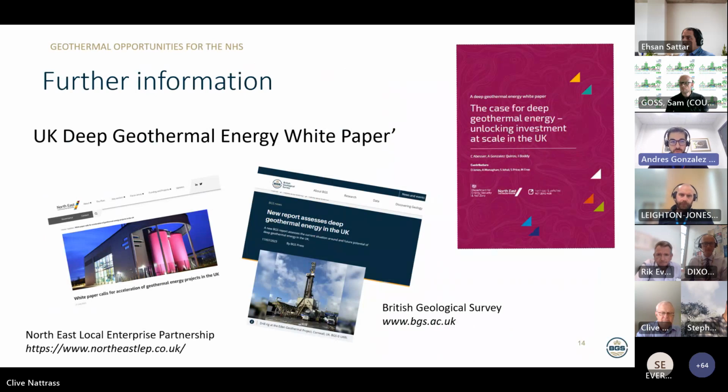And finally, we have developed and published this Deep Geothermal Energy white paper, published by the Northeast Local Enterprise Partnership. We are also publishing a long report where you can find more details of the data we used to develop some of these maps, and also more details into the different steps and potential options. This will be published soon, as a complementary report for the white paper.